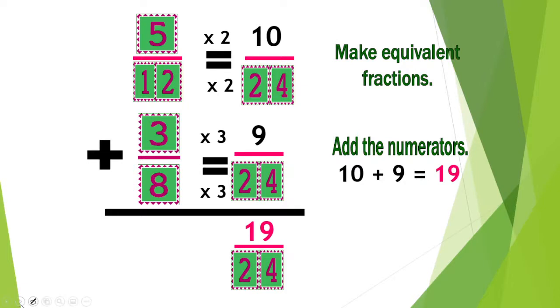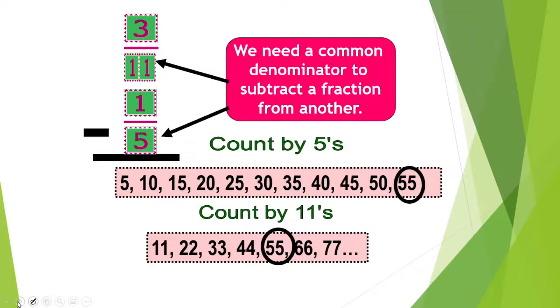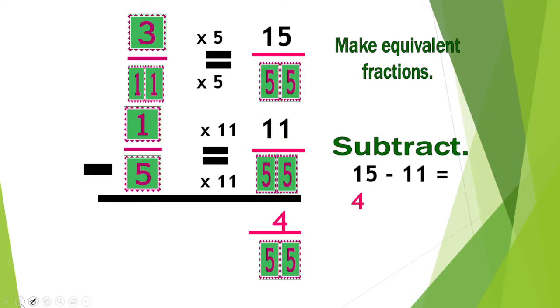Okay? So, for subtraction, if subtraction, subtract. So, 10 minus 9 is 1. 1 over 24. It's the same process. How about, for example, this one? 11 and 5. Obviously, 5 has no factor in 11. So, it is 5 times 11. What is the LCD? The LCD is 55.